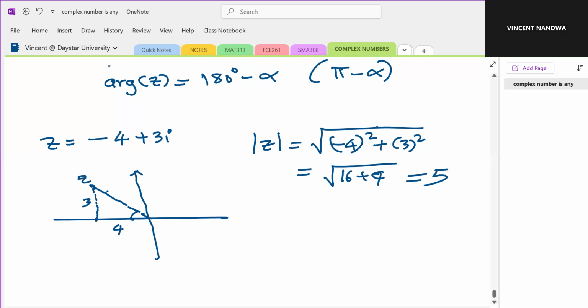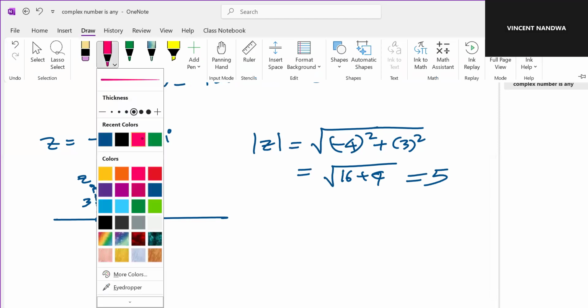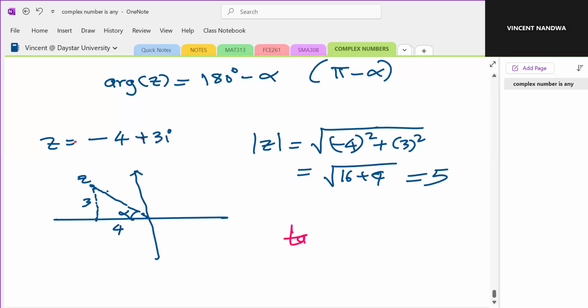And then you mark this one to be alpha. So in the right angle triangle, you can always find alpha, because tan alpha is opposite 3 units over adjacent, which is 4 units. So alpha will be the same as tan inverse of 3 over 4.